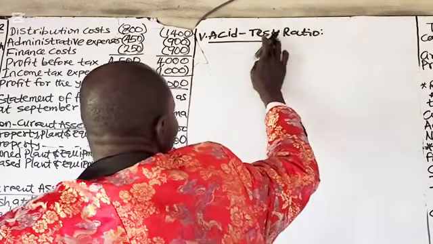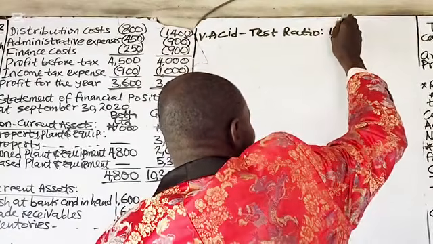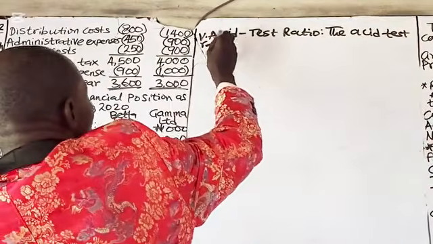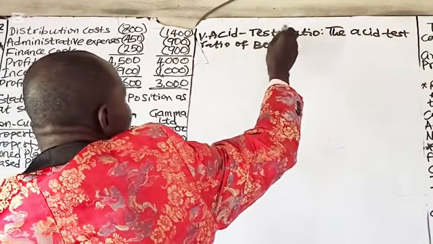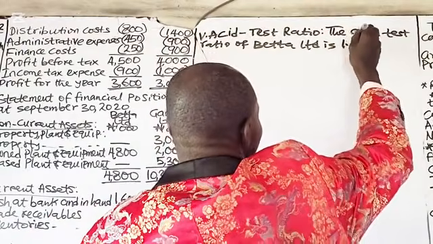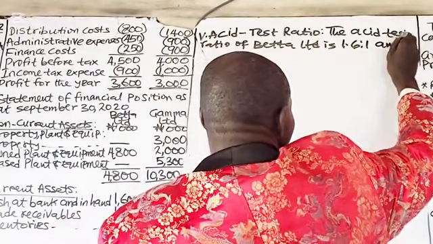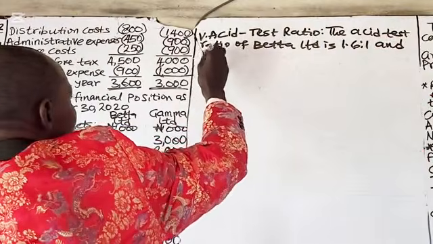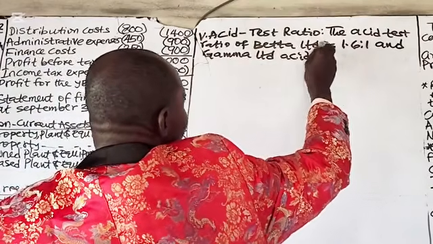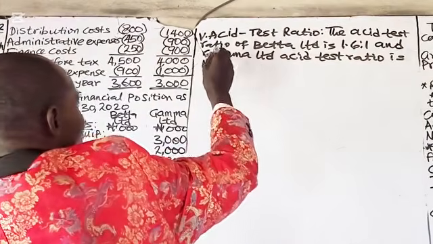The acid test ratio of Beta Limited is 1.6 to 1, and the Gamma Limited acid test ratio is 1.26 to 1.